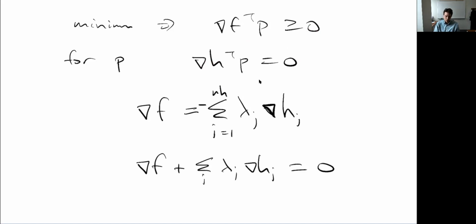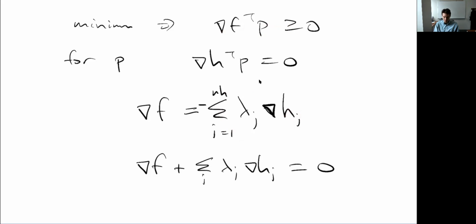You can always find a step that will satisfy this constraint and could lead to a decrease, unless this condition here is true. Unless the gradient of f is perpendicular to this linear combination of my constraint gradients.